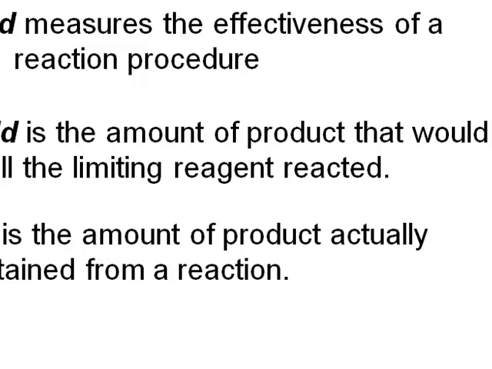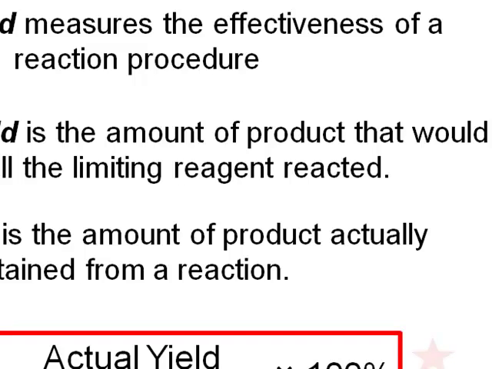Theoretical yield is what you calculate, and percent yield is a calculation comparing these two. This is the formula for percent yield, and it's an important one. Double red star.